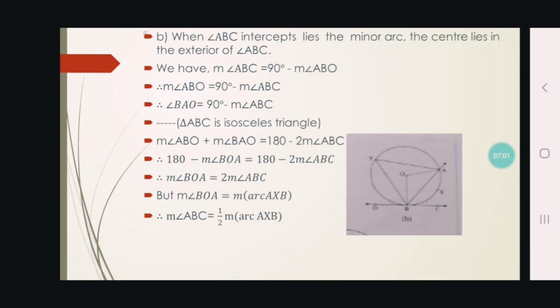That is, measure angle BOA is equal to 2 times measure angle ABC. So angle BOA is equal to measure arc AXB. In place of measure angle BOA, I can write measure arc AXB. So your angle ABC is half measure arc AXB.